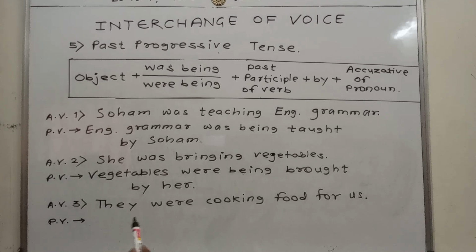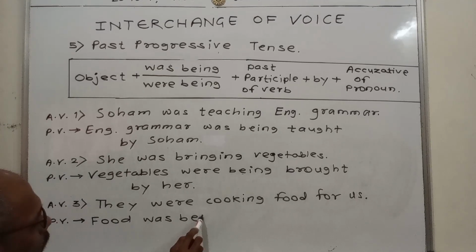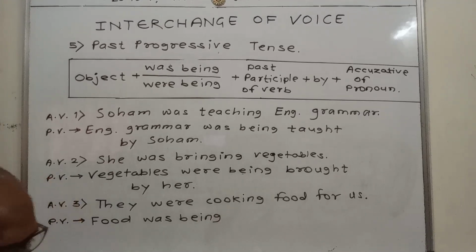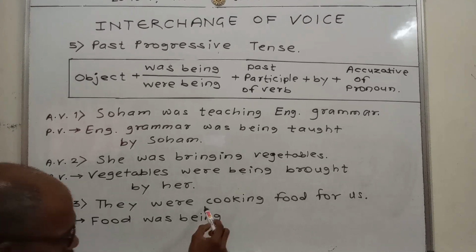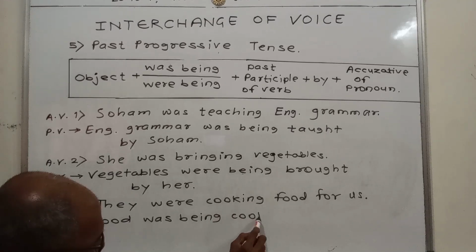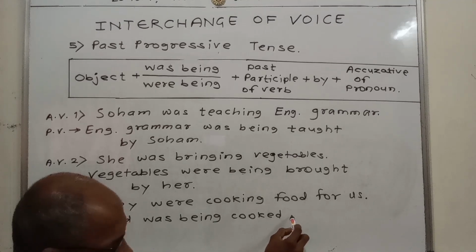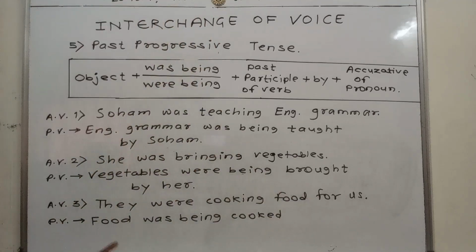That is the object. So first we write here object. Food. Food singular. Food was being cook. This is the base form of the verb. Cook becomes past participle, cooked. Food was being cooked for us, or finally see this way.